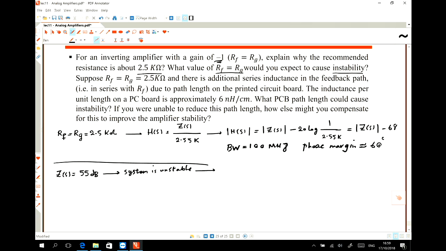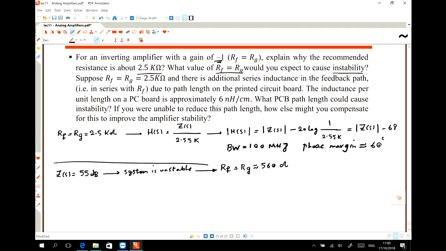And from here we can say that our RF equals RG is around 560.